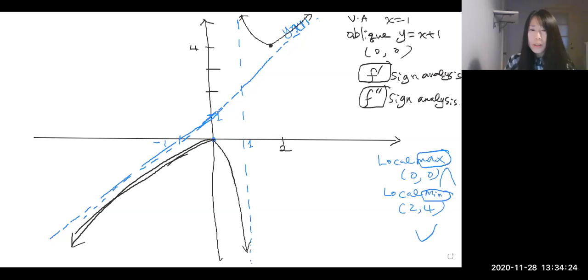So we checked out f first prime between -infinity to 0 is positive. The slope is positive there, right? In this part. And then 0 to 1 is negative, slope is negative. Can you see that?